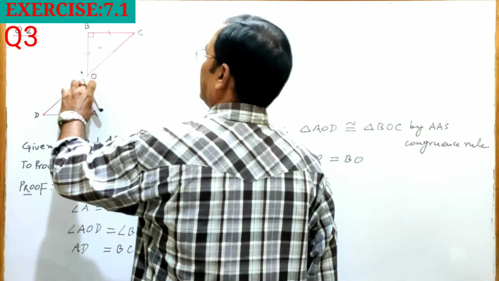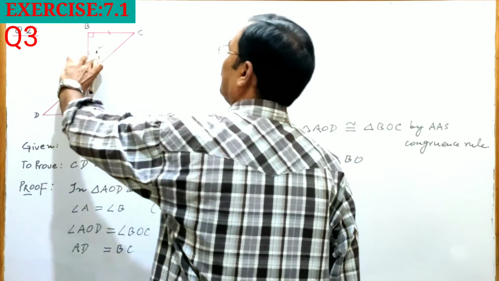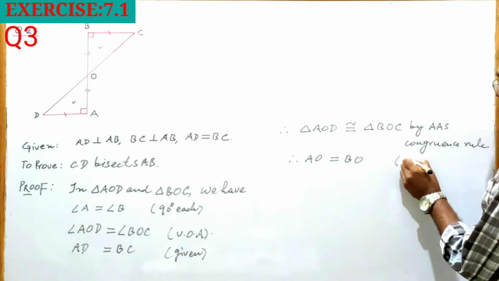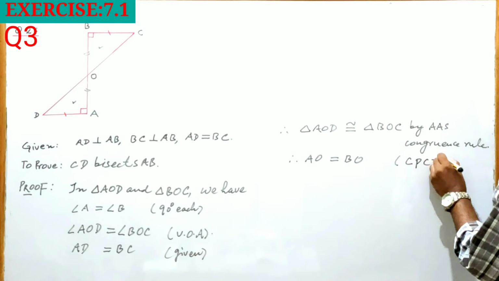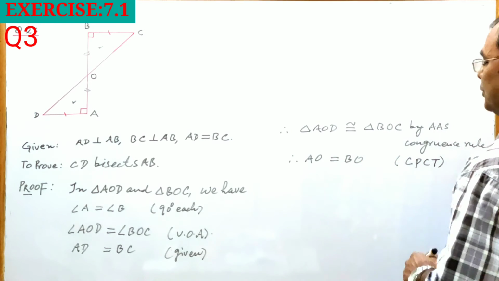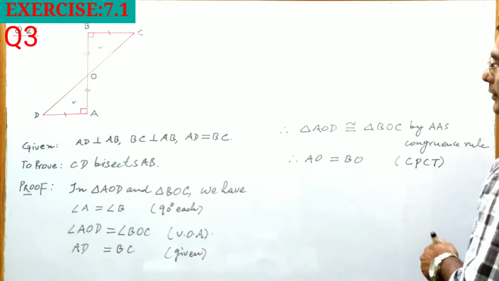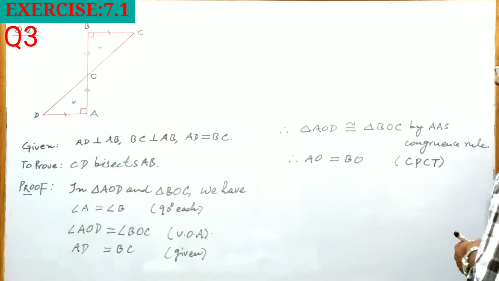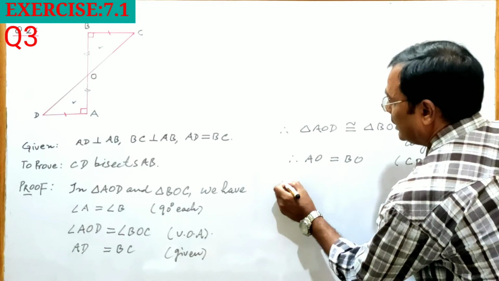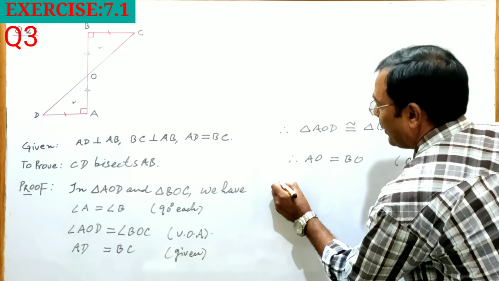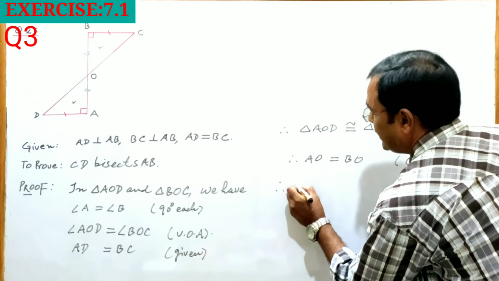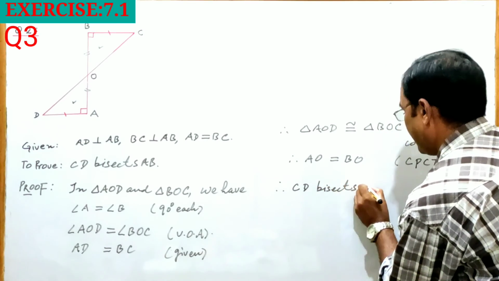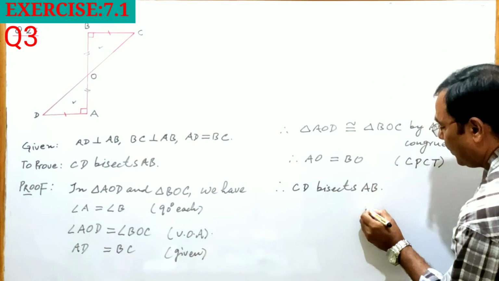Because they are corresponding parts of two congruent triangles, and that's why AO is equal to BO. Reason we can write CPCT, because AO and BO are corresponding parts of congruent triangles AOD and BOC. This proves that CD bisects AB. Hence proved.